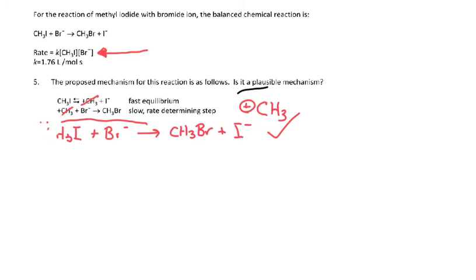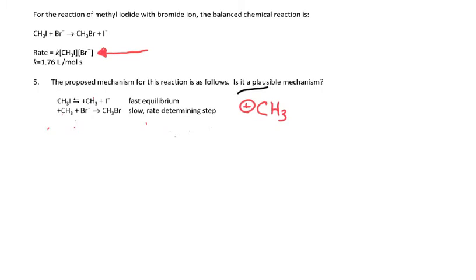Now, the second thing we have to do is determine if the rate constant for the slow step is equal to the experimentally observed rate constant. And this is where it gets tricky, because we have that fast equilibrium.